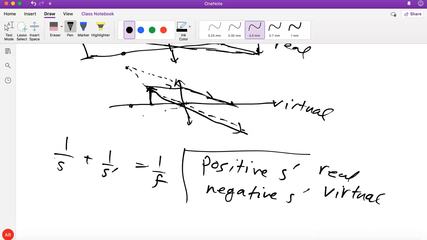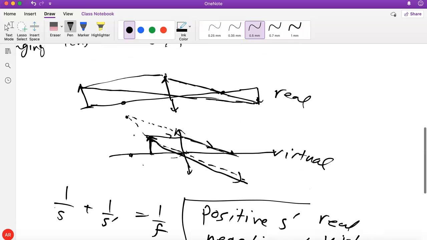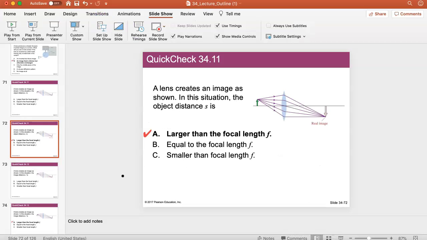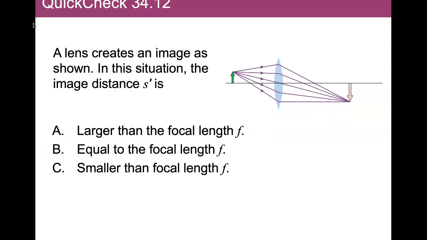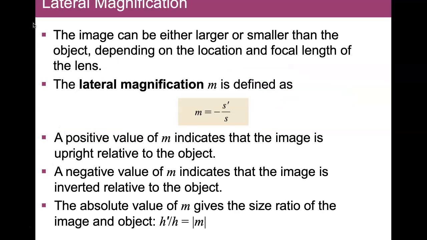And see here, this image is not inverted. So this virtual image looks like that, whereas here, this real image got inverted. Okay. Yeah, so that's what we discussed.